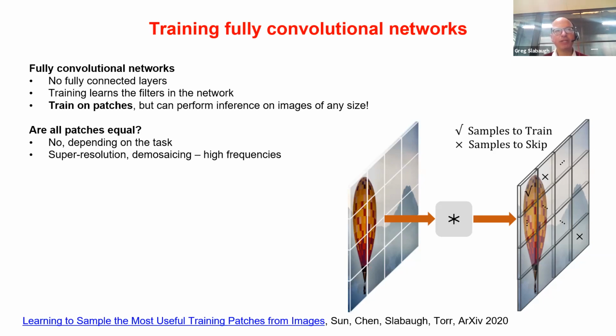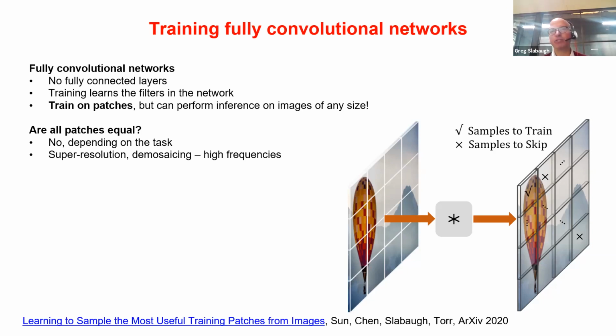What's interesting is if you have a fully convolutional network, that is a network that doesn't have any fully connected layers, where all of your layers have convolutional filters in them, then you can train your network on one size of patch, but then do inference on a different size of image. In fact, any size of image.